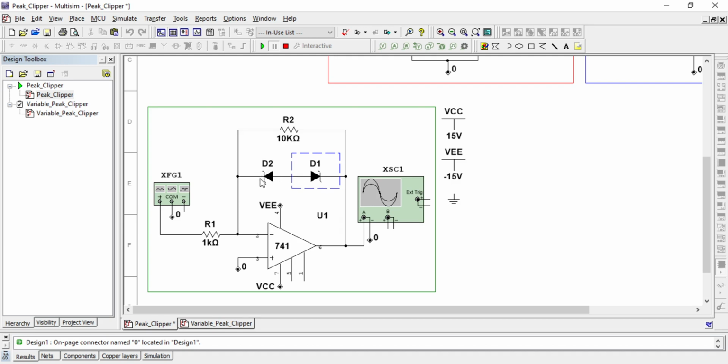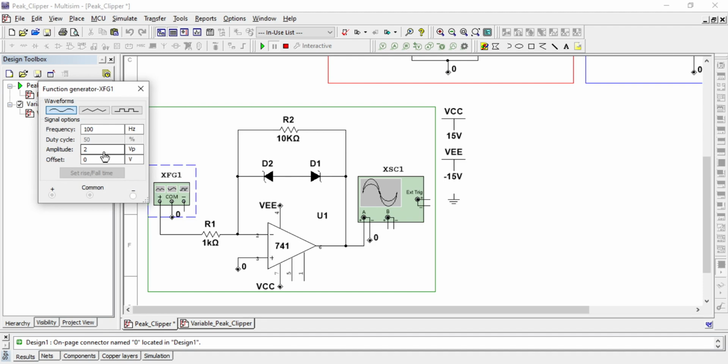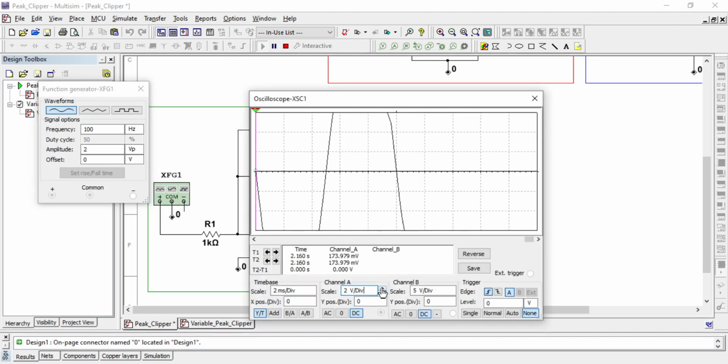So you will get a voltage drop of Vz and Vf across D2 and D1, because D2 is reverse biased, so it will have the breakdown voltage of the Zener, and D1, since it is forward biased, will give the forward voltage. So 5.6 plus 0.7. Here we are applying a sine wave of 4 volt peak to peak, and we can see the behavior of the signal.